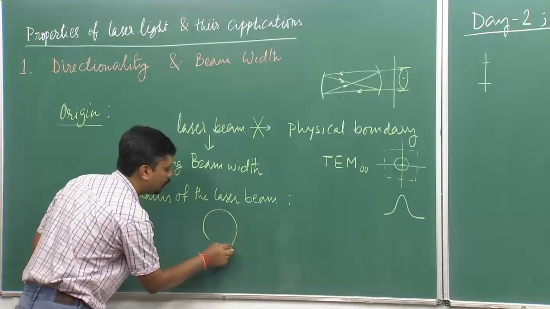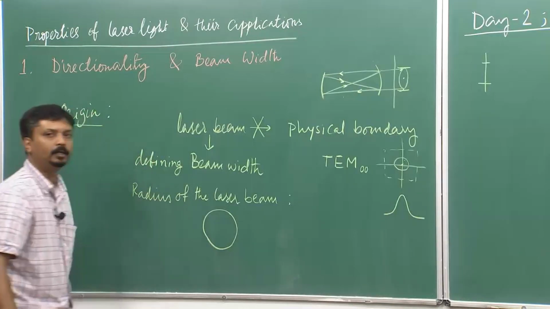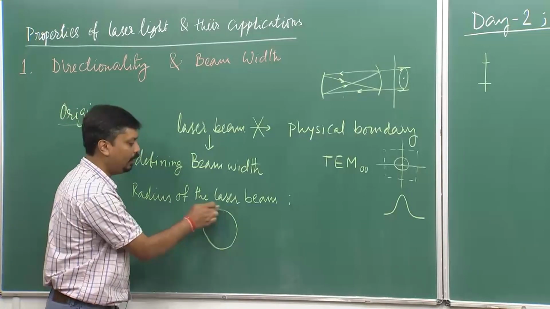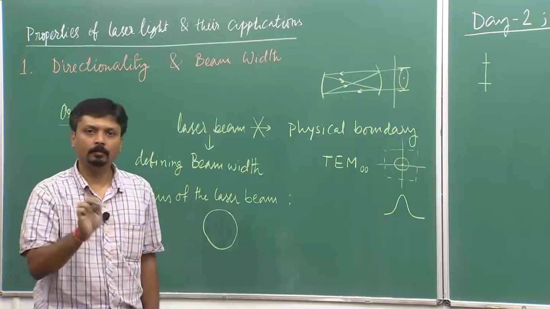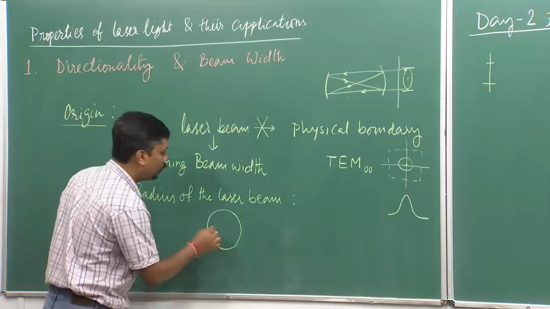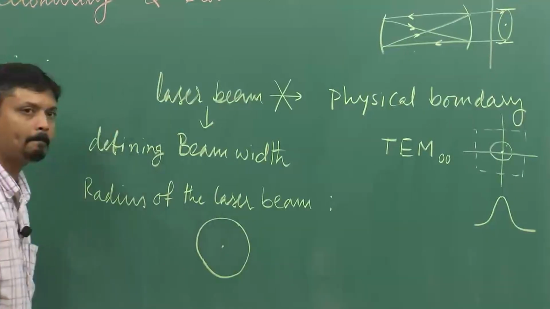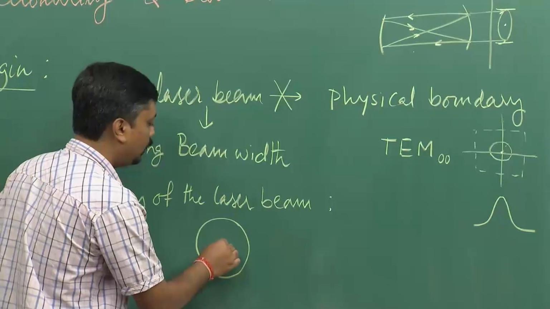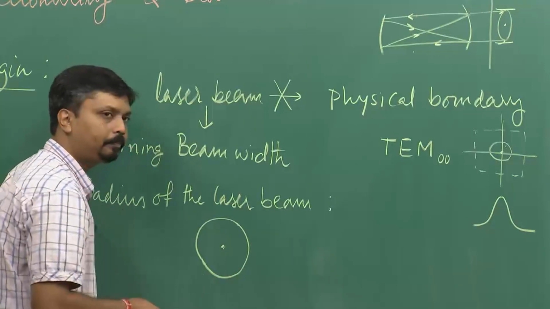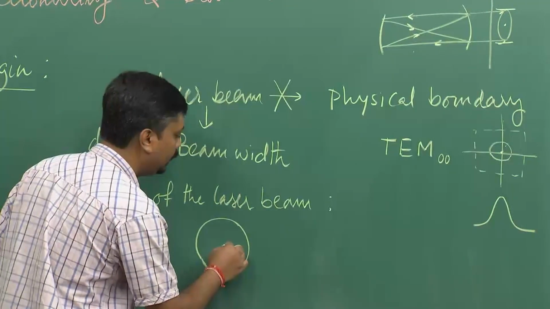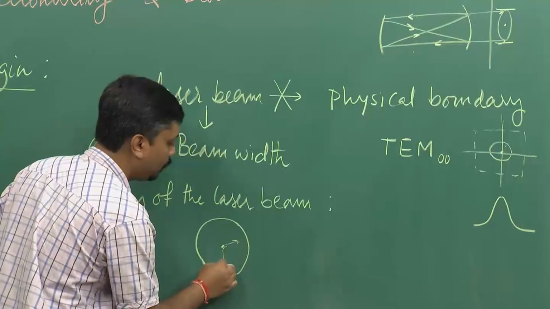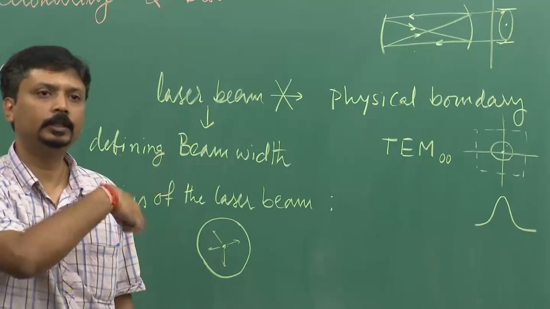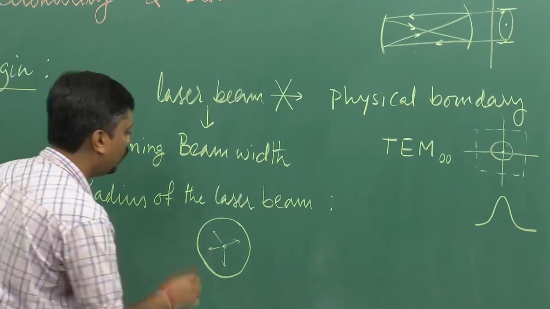So if this is my, say, laser beam cross section, laser is propagating in this direction, I am taking a cross section and I am nicely drawing this line, but we know that there is no physical boundary here. So how do I define? I start from this center and I go to a distance radially, meaning I go in this direction or this direction or this direction or this direction. In this case it is very simple because it is symmetric all around, right.